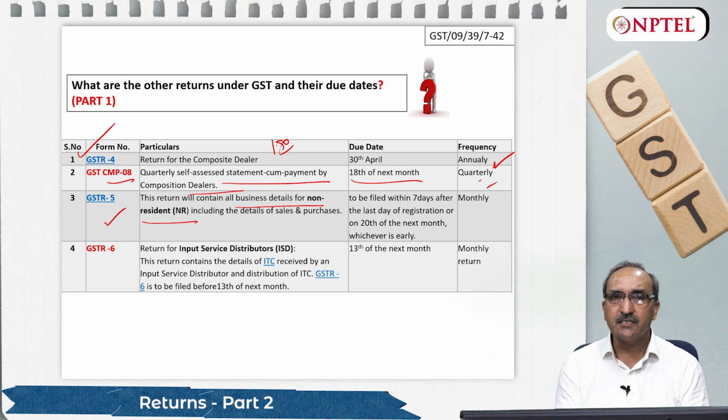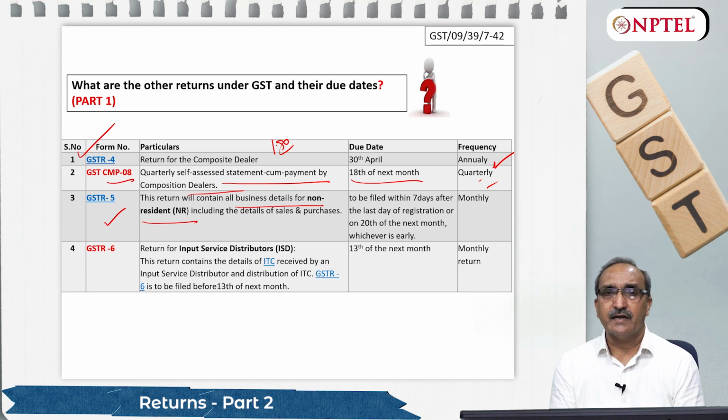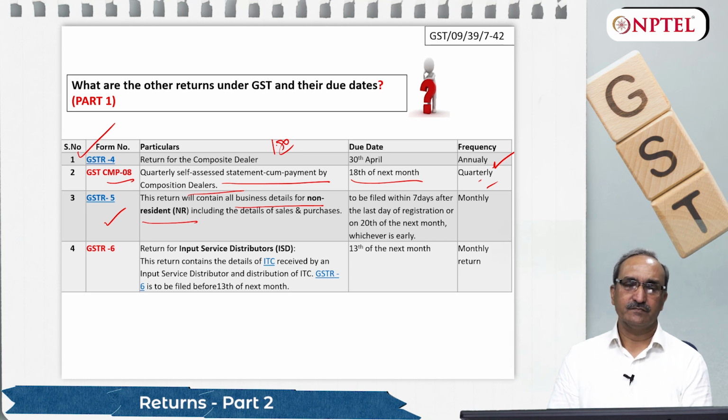GST is very clear in this aspect that if the supplier is outside India but consumption has taken place in India, then the supplier from outside India has to pay tax in India either through his representative or he has to open his office in India. Otherwise, he will not be allowed to have business in India.